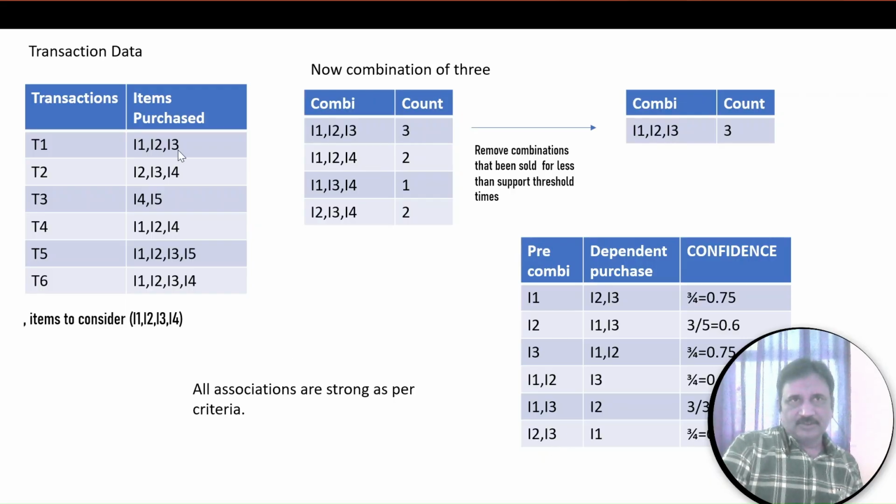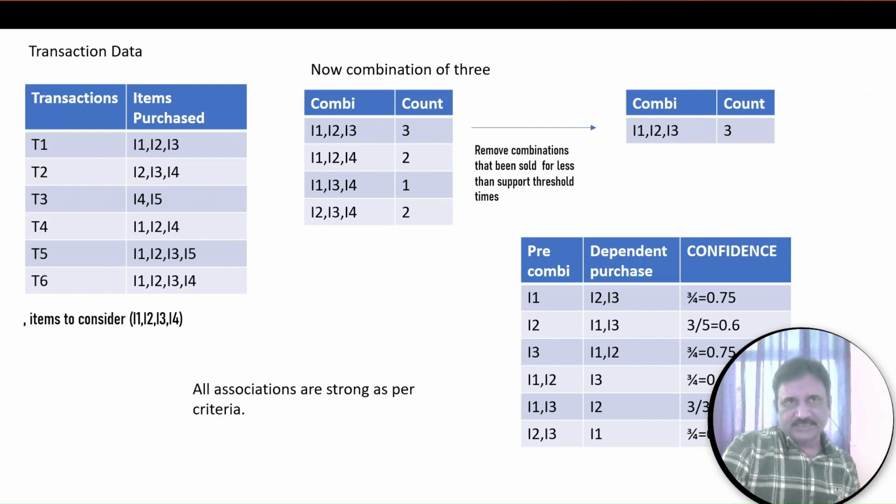Now I2, I3. I2, I3 is in combination in transactions T1, T2, then T5 and T6, 4 times it is happening. Out of these 4 occasions, how many times is I1 there?